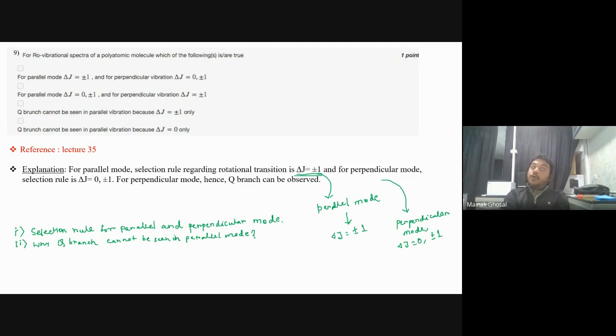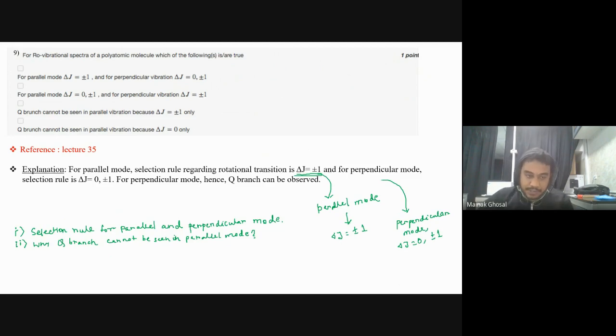Why is it possible? It shows for bent molecules, not linear ones, and it is related to the bending vibration. I've discussed that. For perpendicular mode, the angular momentum, which initially corresponded to the rotational transition, is now included in the vibrational transition. So delta J equals 0 comes in there.